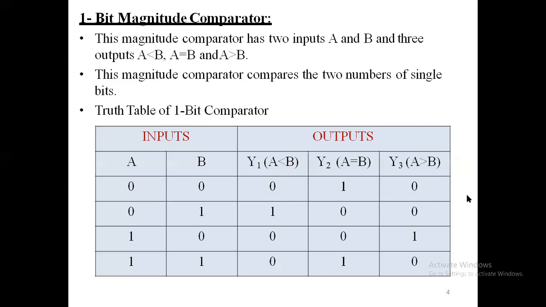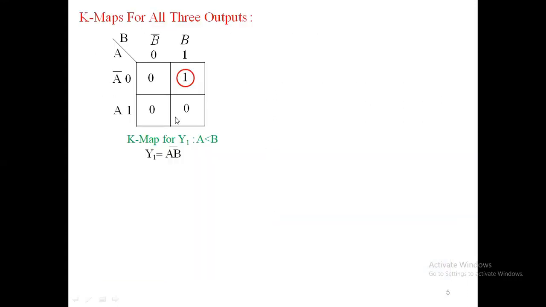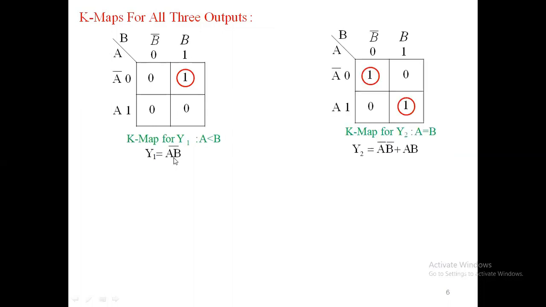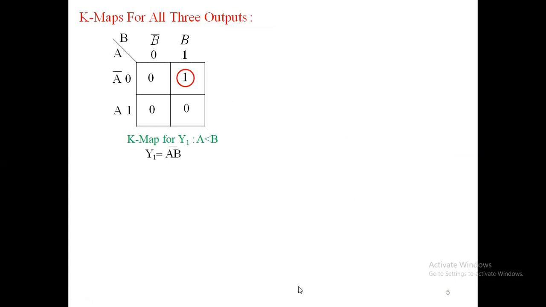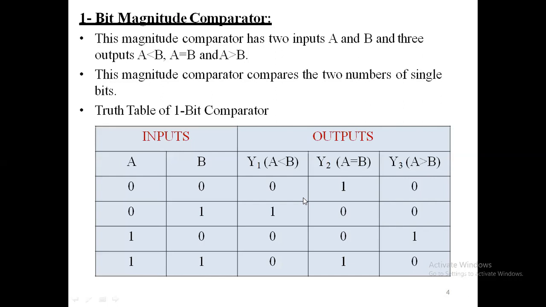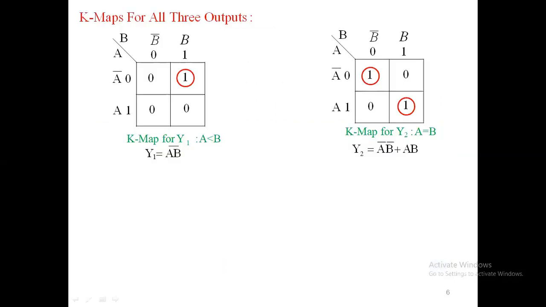See first Y1. There is only one place where the value is 1, so only one entry: Y1 is equal to A bar B. For Y2, there are 1s at positions 0 and 3.